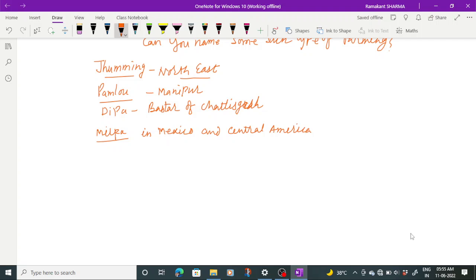Then this is also called Conuco in Venezuela. In Brazil, it is given as Roca, the name given to zooming farming is Roca in Brazil.